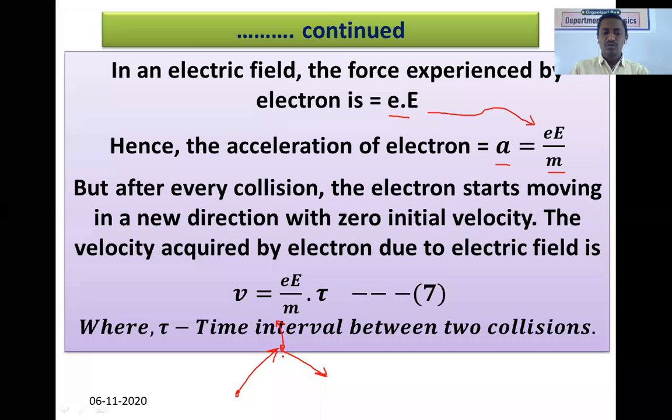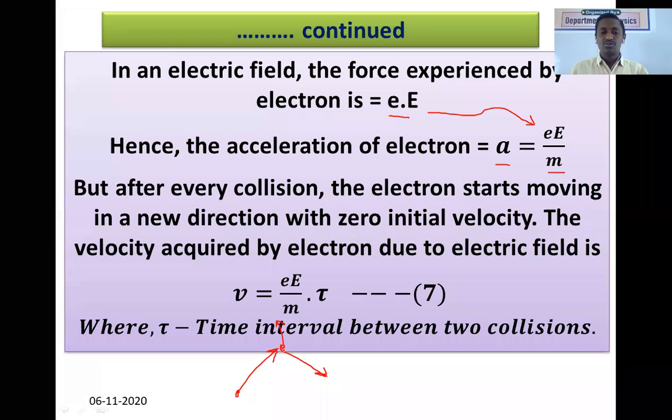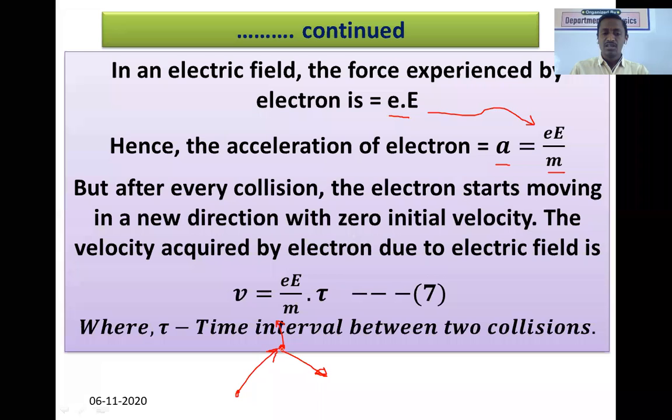As soon as it collides with the other electron, its velocity goes to zero, the electron stops for a certain moment. Okay, for a very short time the electron stops and it starts moving in another direction with zero initial velocity. As soon as the electron stops during the collision, its velocity decreases to zero for a very small interval of time, and again it moves in another direction with another velocity.